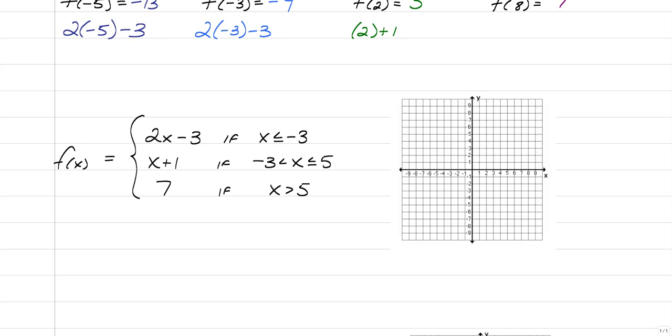I will show you a little tip that you might find helpful when you are graphing piecewise functions, and that is to look at your constraints. Remember, we have a constraint at negative 3, and we have a constraint at 5. Now, one tip that I have found very helpful for students is if you draw a dashed vertical line at your constraints. So you have a negative 3, and we also have a constraint at 5.